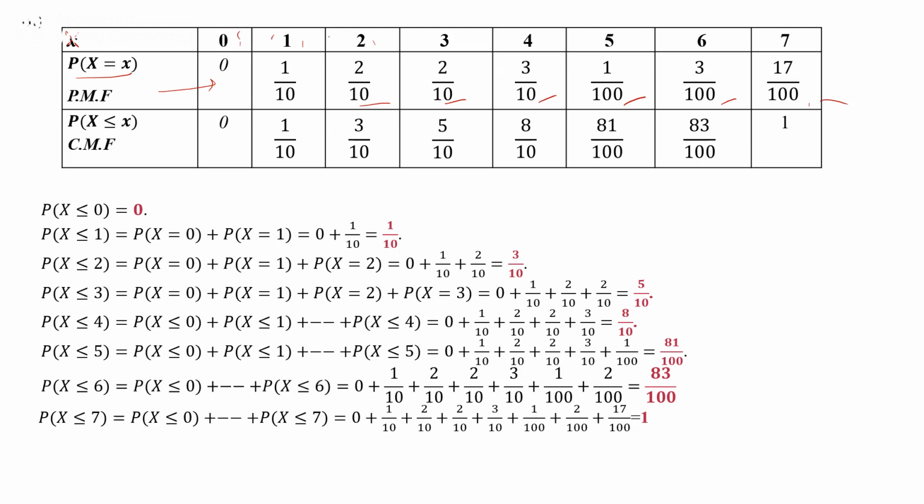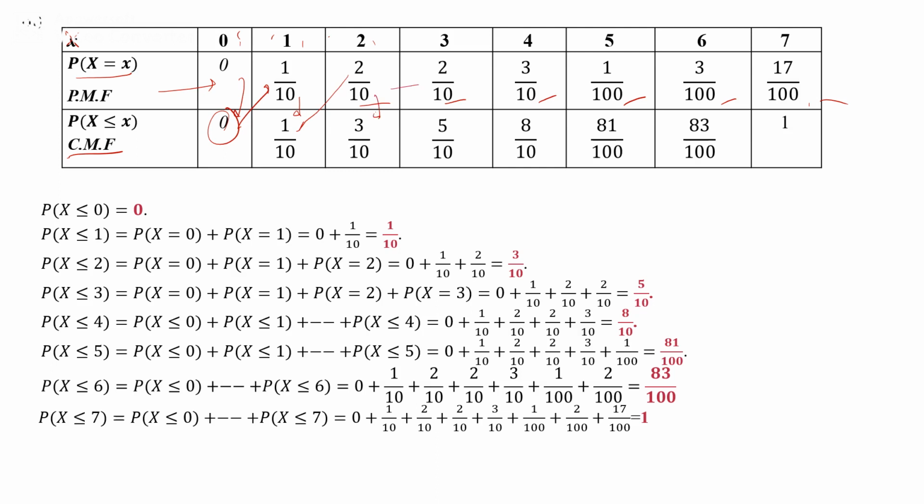Now because we have to find the cumulative mass frequency distribution function, there are two ways to write it. First, directly from the table, you just write 0 and then add 0 with 1 by 10, so we get 1 by 10. Now add 1 by 10 with 2 by 10, that is 3 by 10.